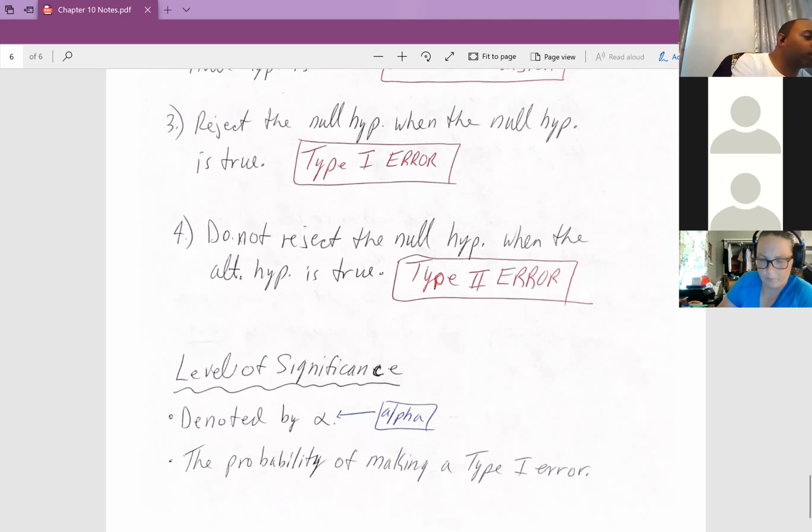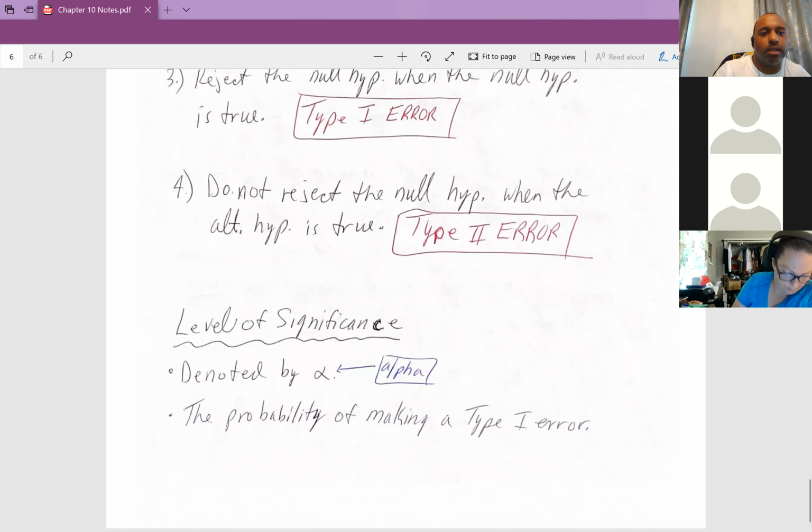It's the probability of making a type 1 error. All right, everybody got that before we go to the next thing?